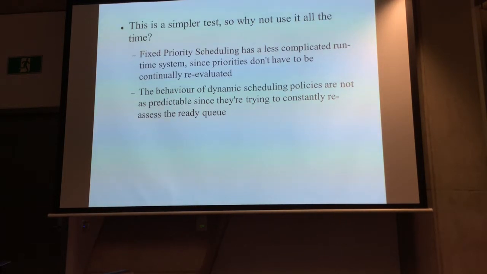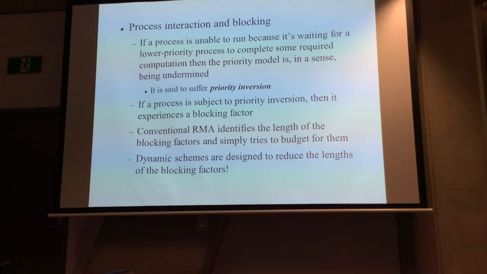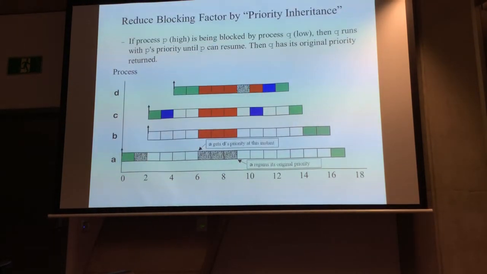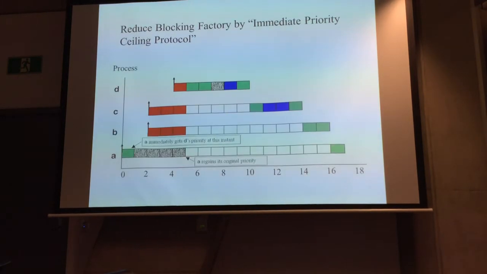However, if we're prepared to forfeit some of that, what we can get is not only a way to model the blocking factors, but a way to reduce the severity of their impact by using inheritance and the ceiling protocol. So, in a couple of sentences, if you can explain those things, then that's good.